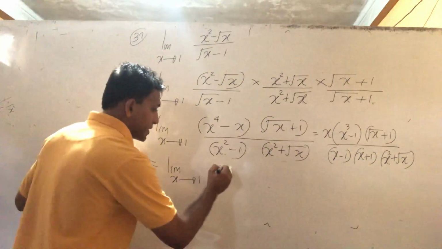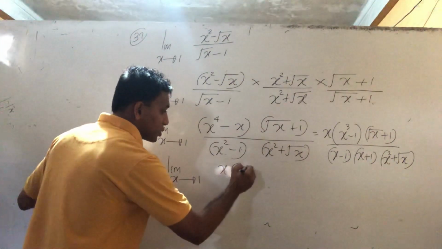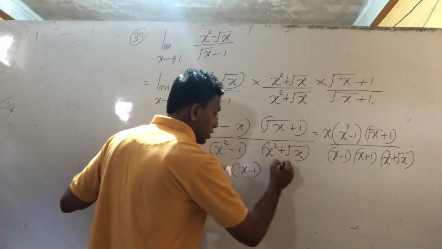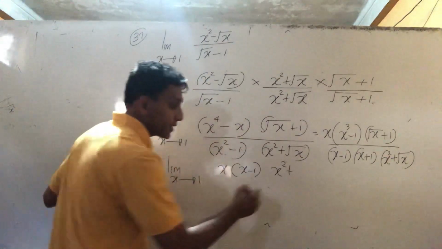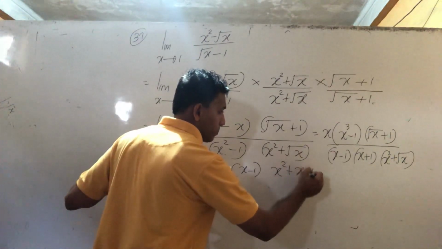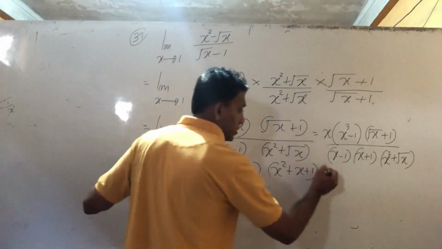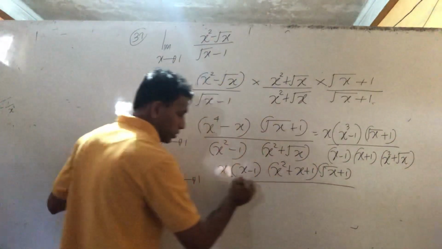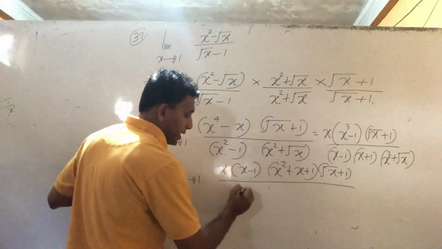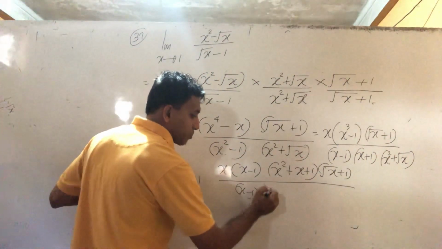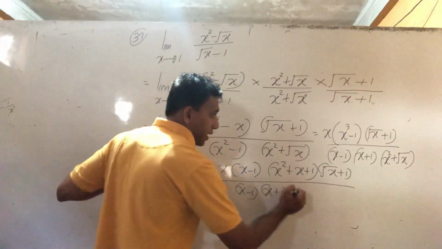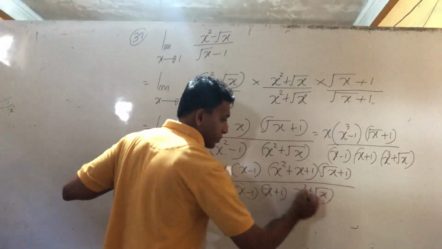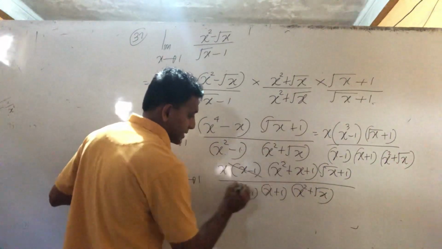Therefore that is x into x minus 1, the remaining x square plus, multiplying both, 1 times x, plus 1 square. And here square root x plus 1 over x minus 1, x plus 1, and x square plus square root x. Now see, this is cancelled.